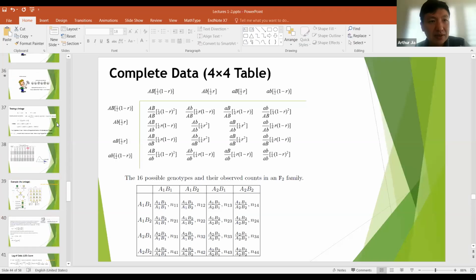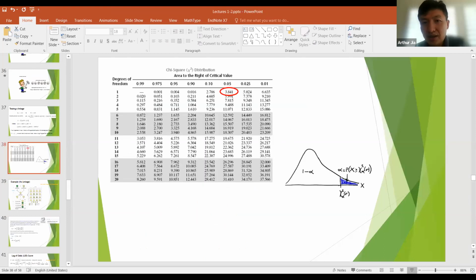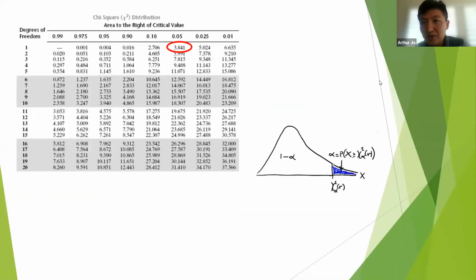I think I have a slide here. So this is a chi-square distribution. Also, we use this 0.05. So this is the basic part. When you only do a single test, for example, you just test one gene.